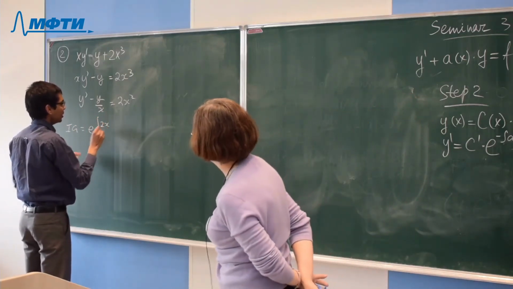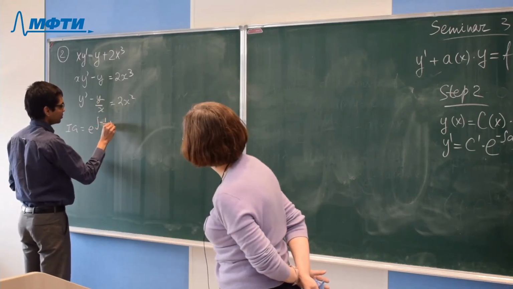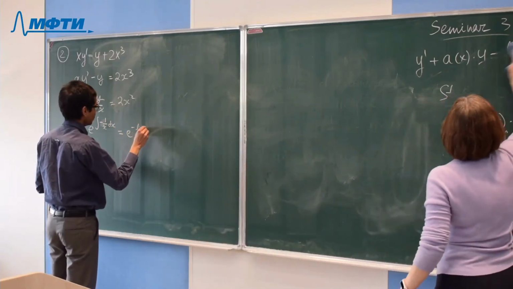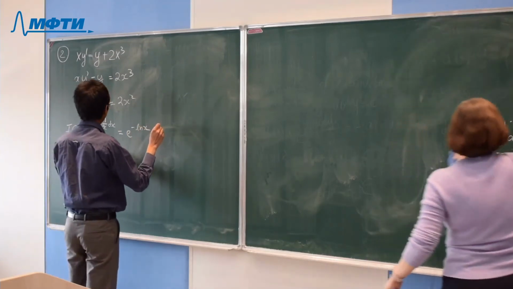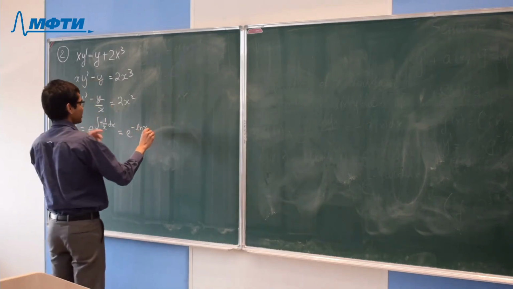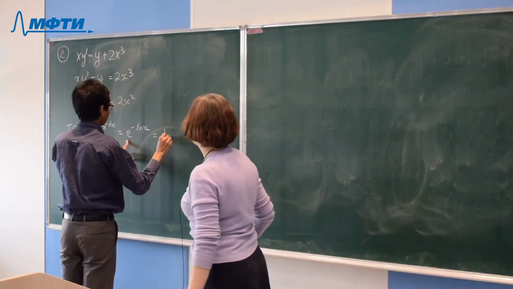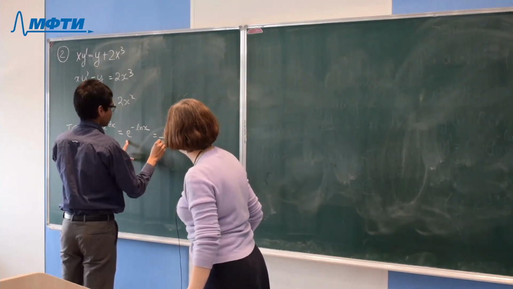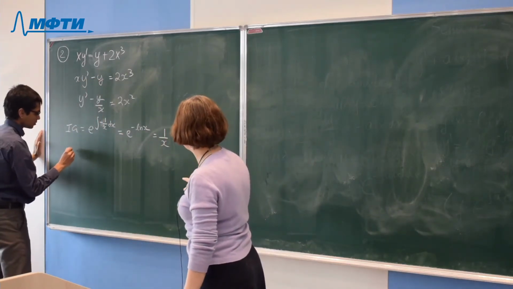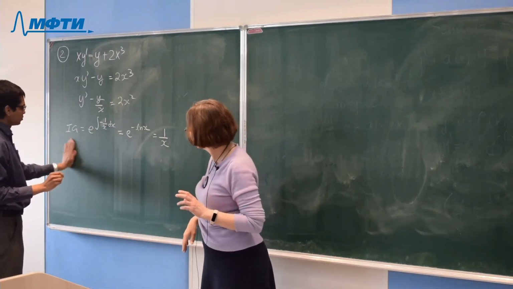Then find the integrating factor. Wait, where do we put the constant? Why the constant? So minus 1 over x. It will be 1 over x, right? And you may skip the constants. We need only one antiderivative, not all of the antiderivatives.